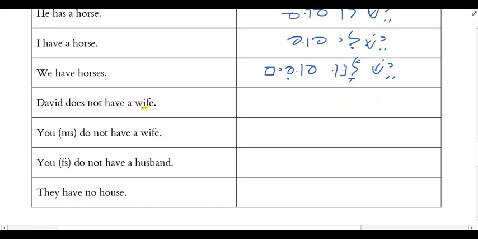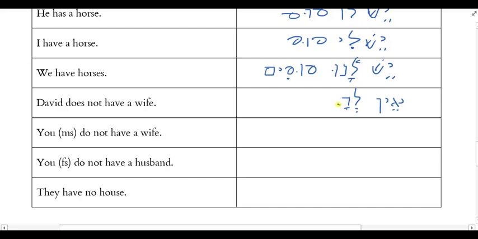Now, David does not have a wife. What am I going to say for not have or not? Ein. So you need to use ein. There is not. And then I indicate the possessor. Ein leDavid.